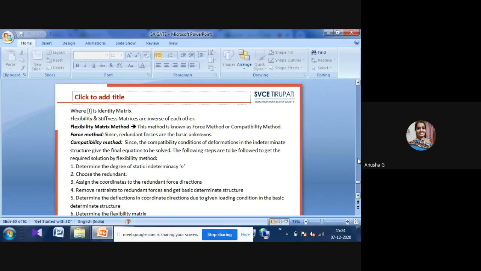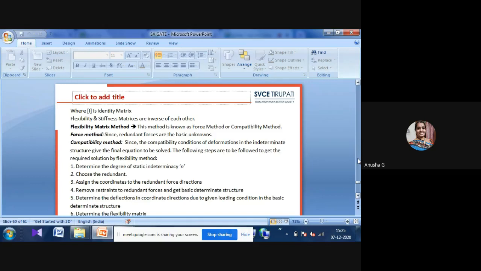Here we can find the number of unknown forces. Once we solve one by one, step by step, the compatibility conditions, the deformations of that indeterminate structure give the final equations to solve the step by step procedure of the required solution using the flexibility method.